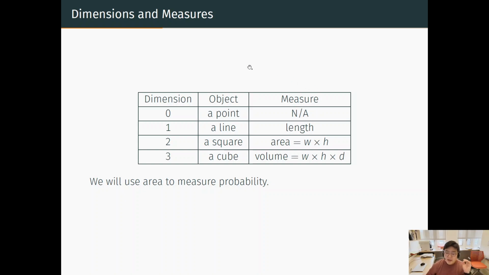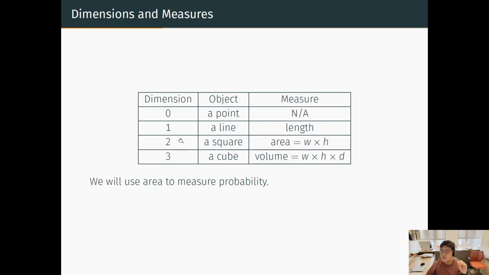So think about dimensions, right? We are living in a cube, like 3-dimensional space. That is, we have width, height, and depth, right? So you see, there are 3 measures, and using them we can calculate volume.